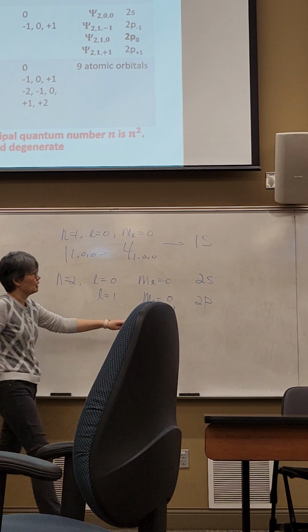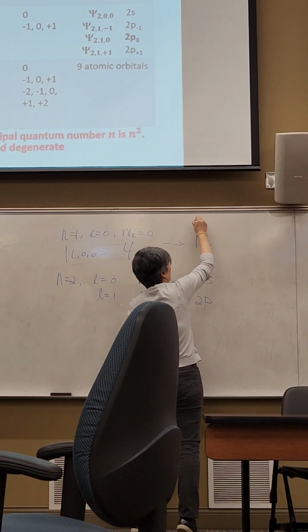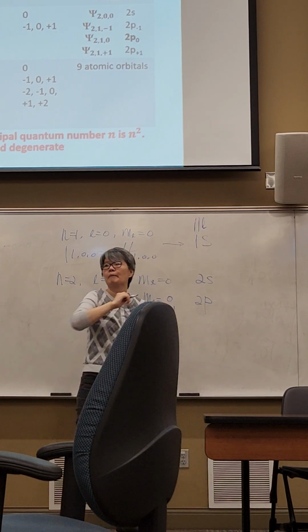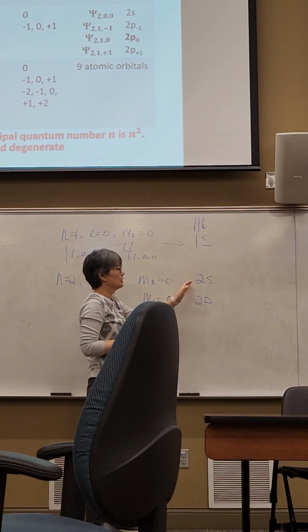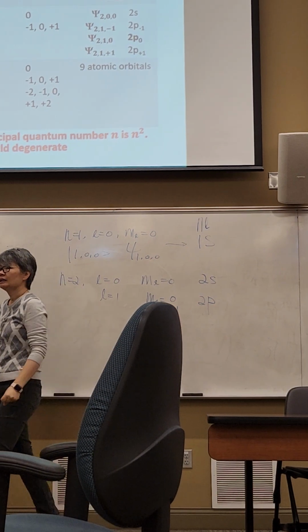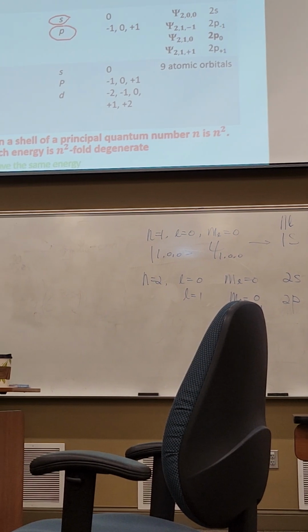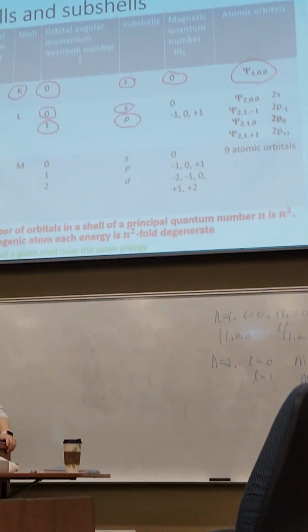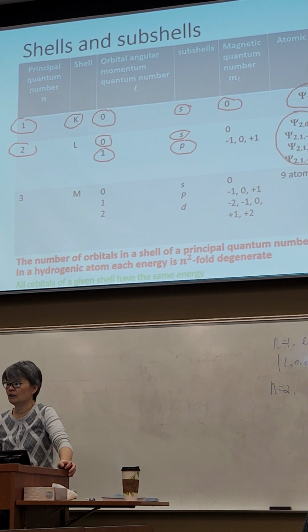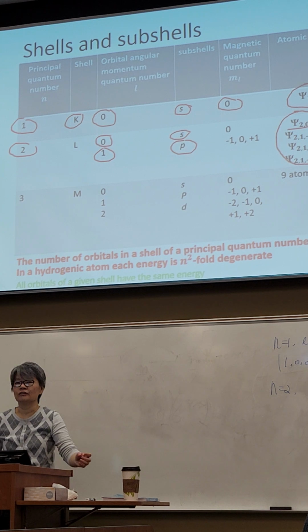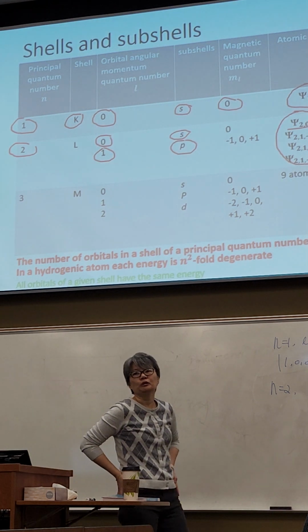Because the atomic orbital can be represented by n and your quantum number L. So 1s, 2s, 2p. And then you can write it out: this is your 2s, then you have all those three 2p orbitals.